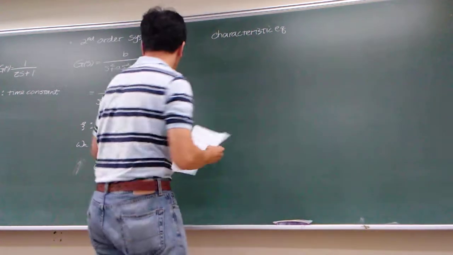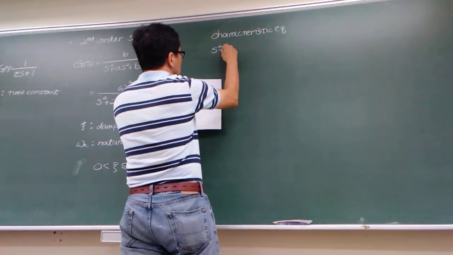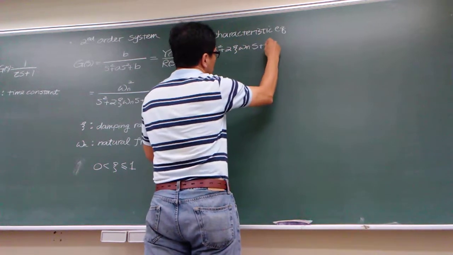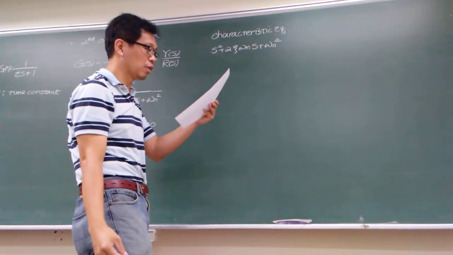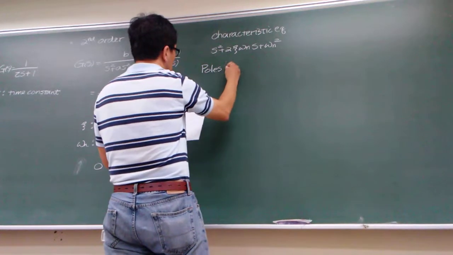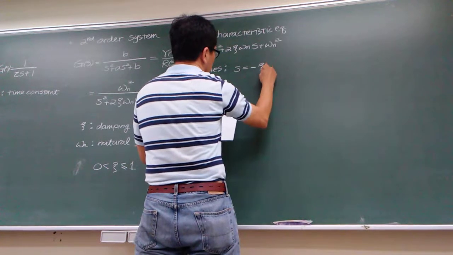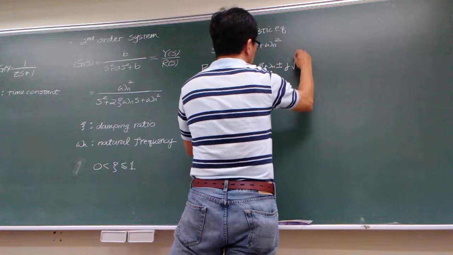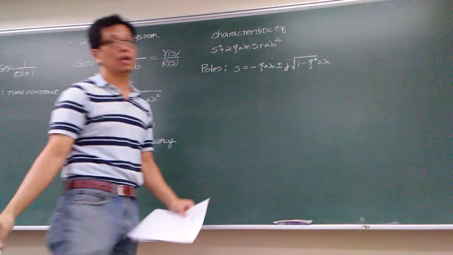My characteristic equation of this transfer function is going to be s squared plus 2 zeta omega n s plus omega n squared. And this is a second order equation, so it means I'm going to have poles located at s equals negative.